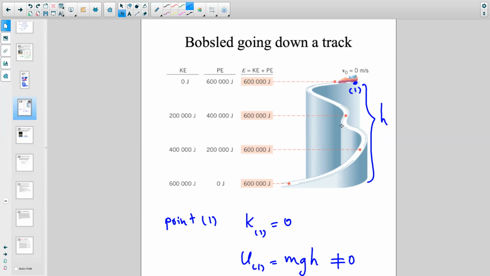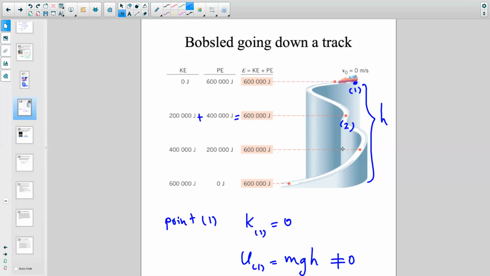So at point 2, I would have 200,000 joules of kinetic energy, and I have 400,000 joules of potential energy. But if you add them up, you will get the same value that you had in point 1.